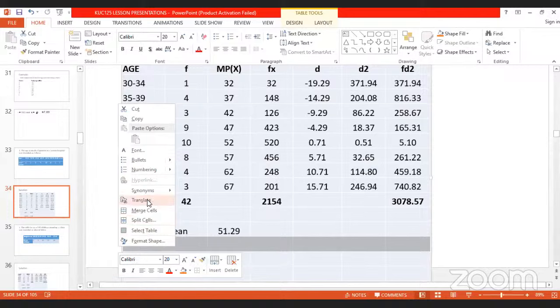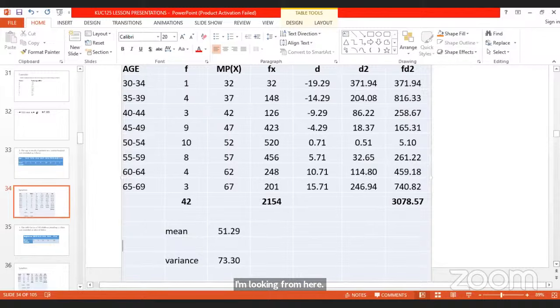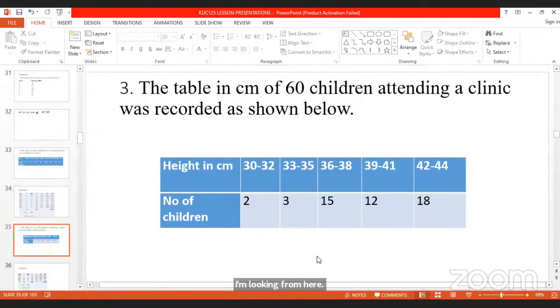To delete. I have no option of deleting from here. Oh, imesonga chini.